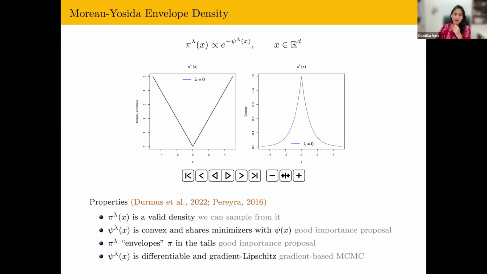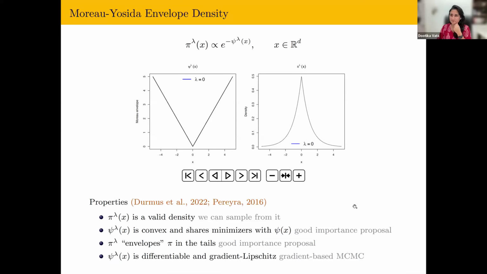I also know that pi lambda envelopes pi in the tails, and this will imply that it'll be a good importance proposal again because I'll have good features in the tails of the distribution. And then most importantly, provably psi lambda x is actually differentiable, it's smooth, and gradient Lipschitz, which means that I can employ gradient-based MCMC methods to sample from pi lambda x. Right? So these are the four properties that are going to help us build our intuition for building our importance sampling strategies.